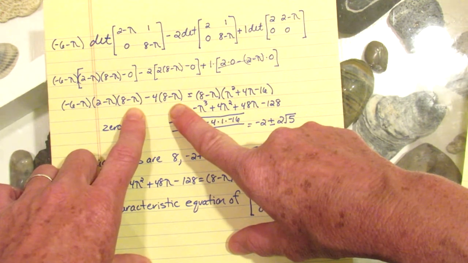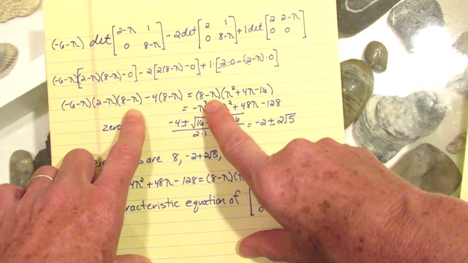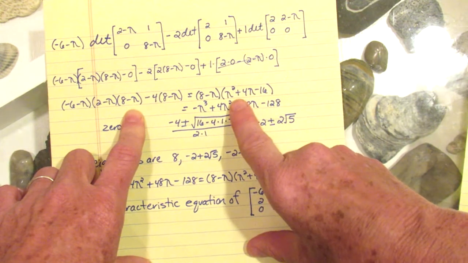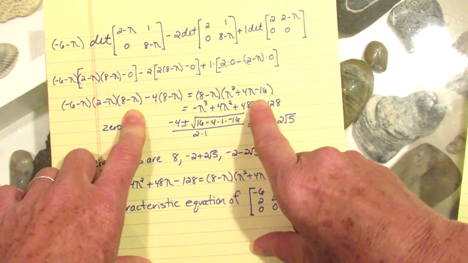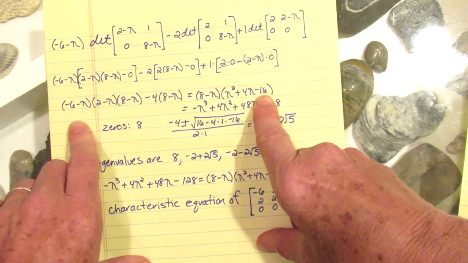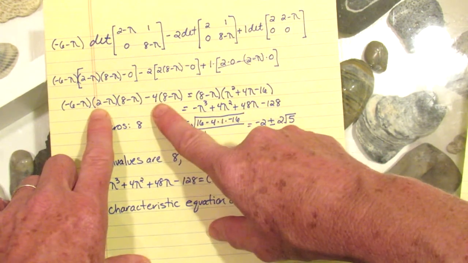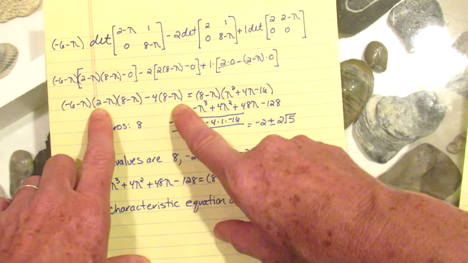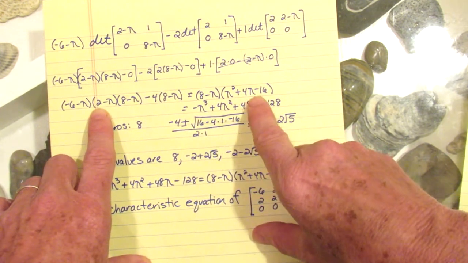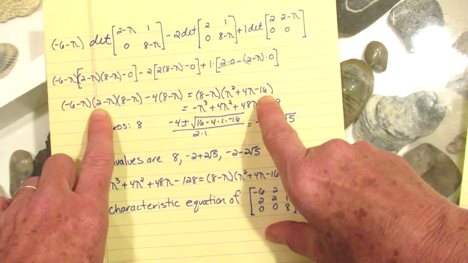And when I do factor that out, I get 8 minus lambda as a factor, and then I get lambda squared plus 4 lambda minus 16. So that is, if you multiply these together minus 4, again, factor out 8 minus lambda, and you'll get this left after you clean it up.